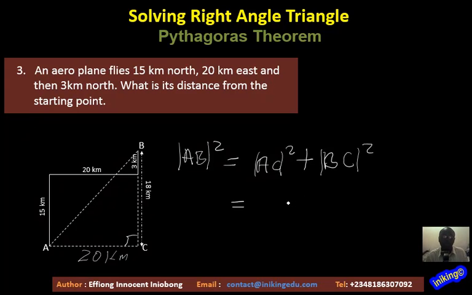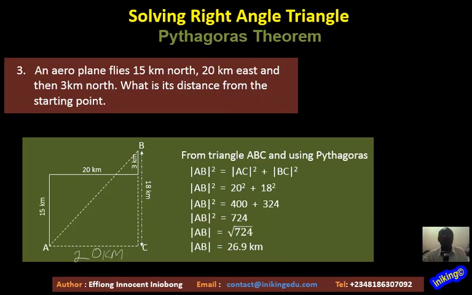AC is 20 kilometers, so that's 20 square. And BC is 18, obtained from 15 plus 3, that's 18 square. So to get our AB is now a case of rice and beans. I'm sure we can all follow up from there.